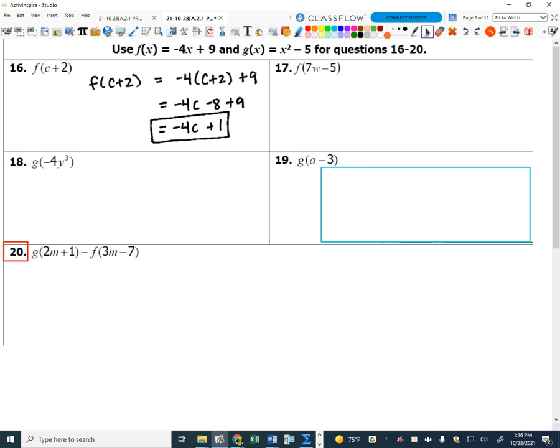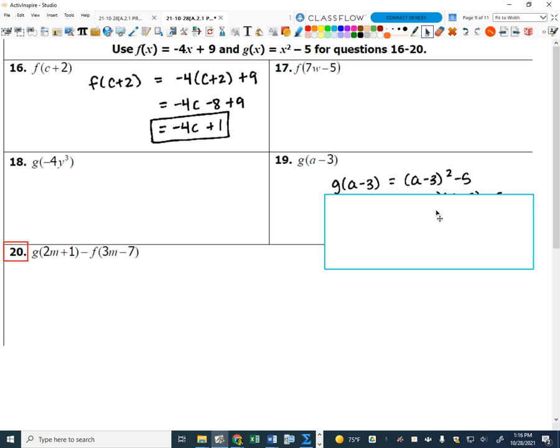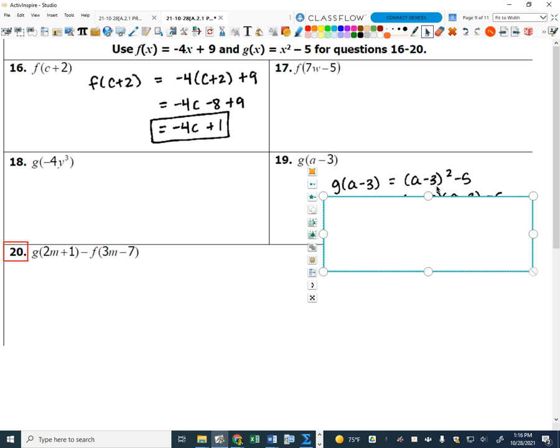If, like on number 19, I want to do g of a minus 3, well, then I would just be plugging a minus 3 in for x, and I'm going to get the quantity a minus 3 squared minus 5. Now, real quick, this is a big mistake people make. Is a minus 3 squared equal to a squared minus 9?